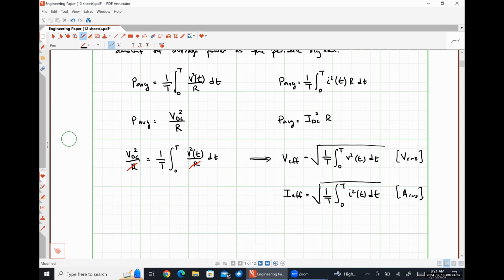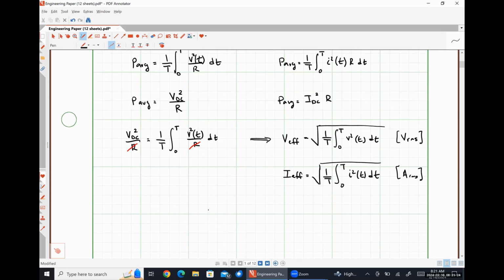Now, normally I would go through a couple of quick examples illustrating how to use this expression to determine the effective value for some interesting waveforms like square waves, triangular waves, and all of that kind of good stuff. But because I'm trying to make this portion of the class a little shorter so that we can spend more time talking about the difficult material, we're just going to look at the effective value of a sinusoidal signal, okay?